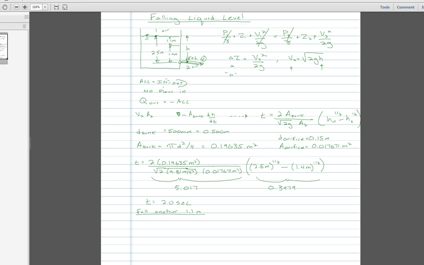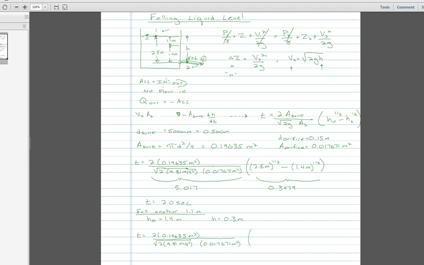Now in this next example, we have that the initial height is an elevation of 1.4 meters above the orifice opening, and h is 0.3 meters. We can put that into the same equation as before. We have 2 times 0.19635, where that was the tank cross-sectional area. We have the square root of 2 times g, and the opening of the orifice, its cross-sectional area.